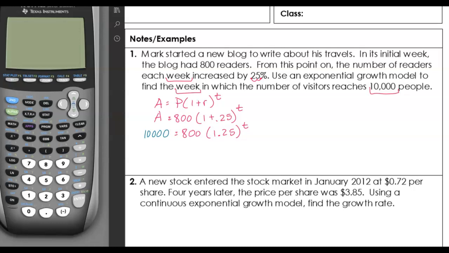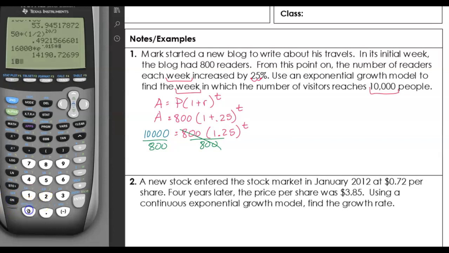What's opposite of multiplication? Yes, we divide both sides by 800. This removes the 800 from the 1.25, and I'm one step closer to getting the t by itself.